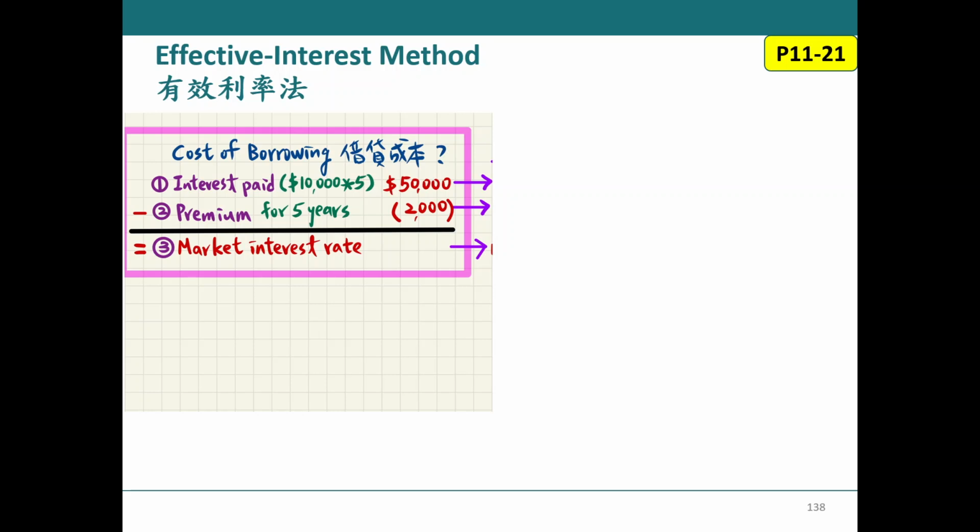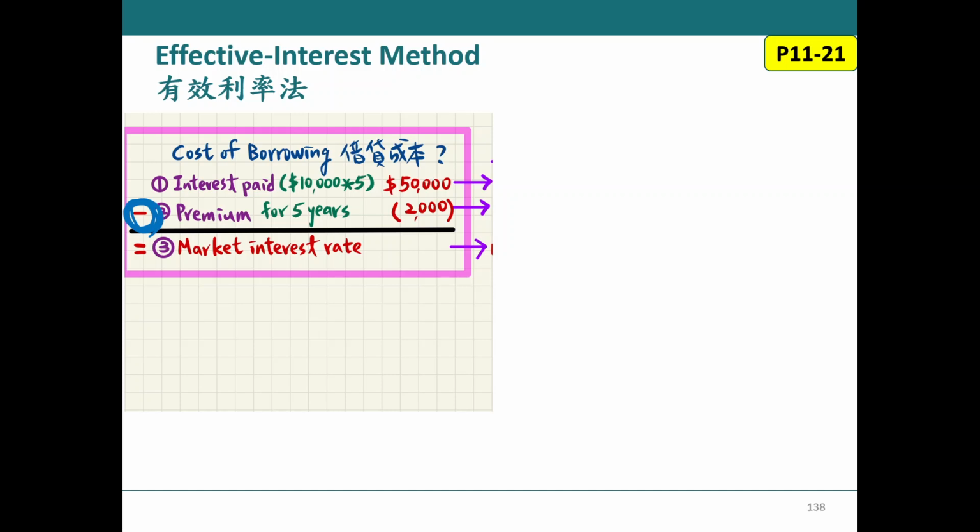And we talk about premium. So remember, premium, that's why it's negative, minus. Since we talk about the premium, it's negative minus, right? Because it will make your total cost of borrowing, market interest rate, decrease.